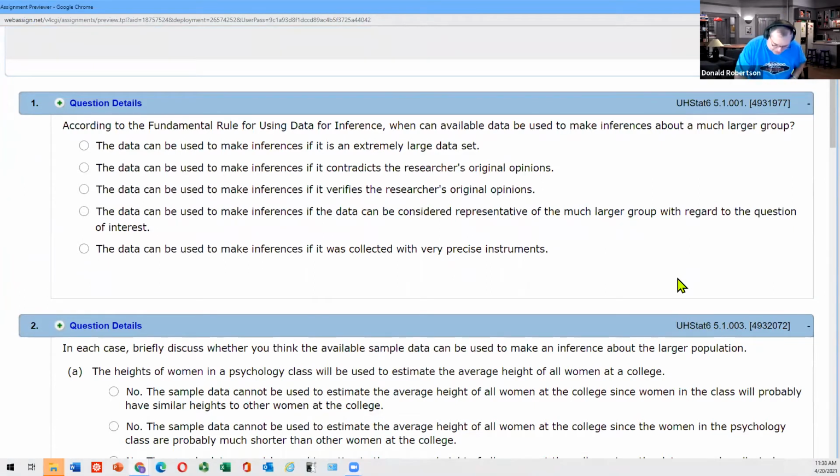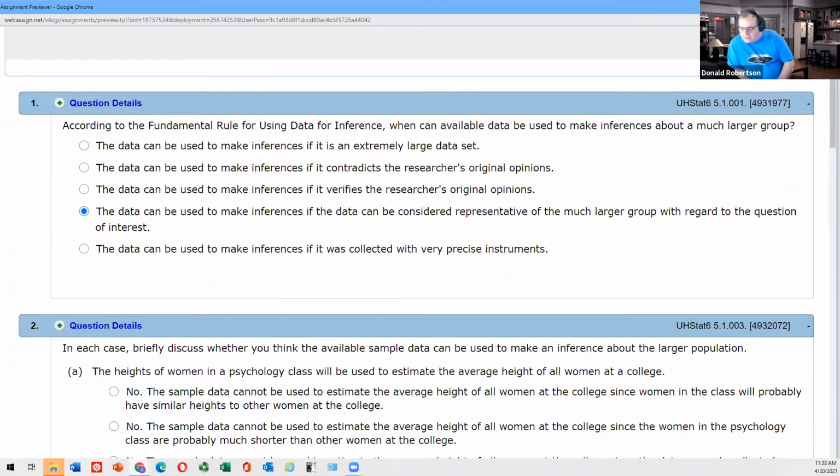Okay. According to the fundamental rule for using data, which one of those 5 dots was closest to my definition? The fourth one. Yes, I agree.